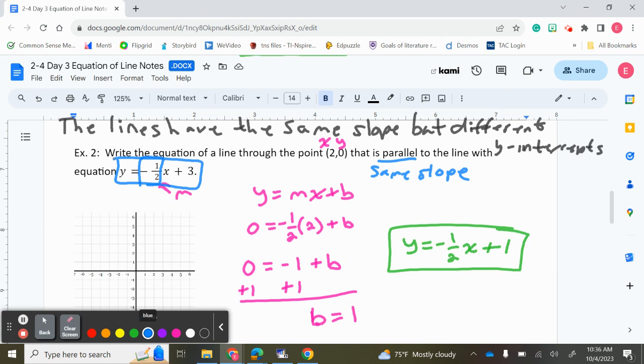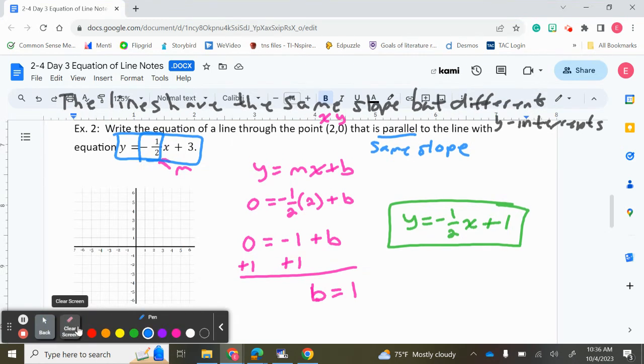Now they want me to graph these. So I'm just going to use 2 colors. You don't have to, but I like doing that. I'm going to graph this one first. So I'm going to start at 1, and then I'm going down 1 over 2 each time. Down 1 over 2. So there's my first line.